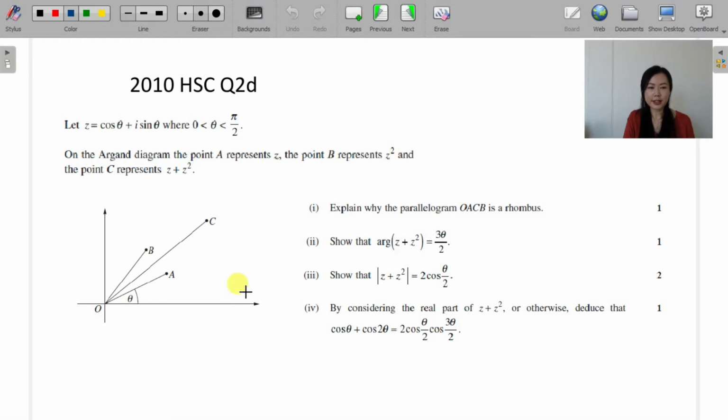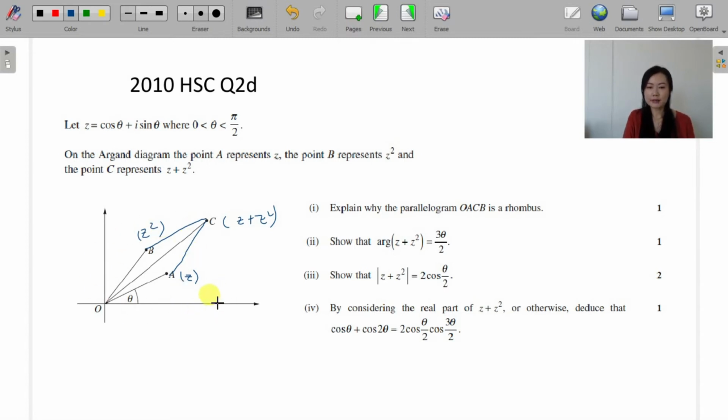What have we got here? So we've got Z is cos theta plus i sine theta on the diagram. A represents Z, B represents Z squared, and C represents Z plus Z squared. Okay, so that's the addition factor, meaning if I join this up, this is a parallelogram.